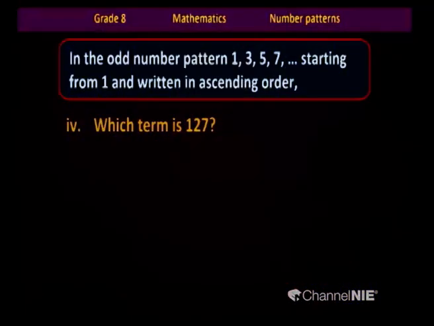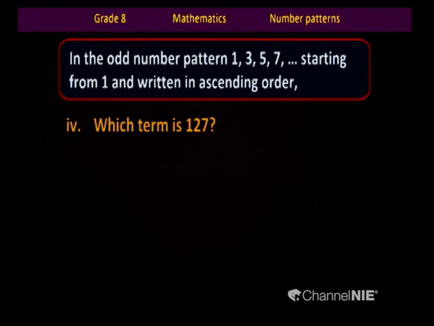Which term is 127? Once again, they are not asking about the 127th term. They are saying which term is 127. That means the value of the term is 127. They need to know the number of the term.